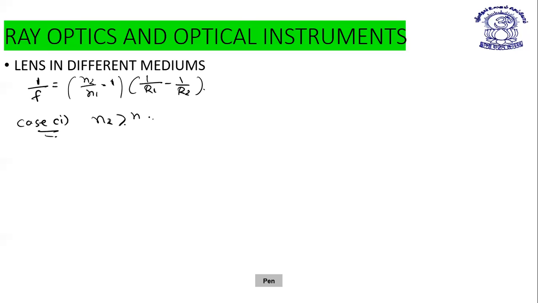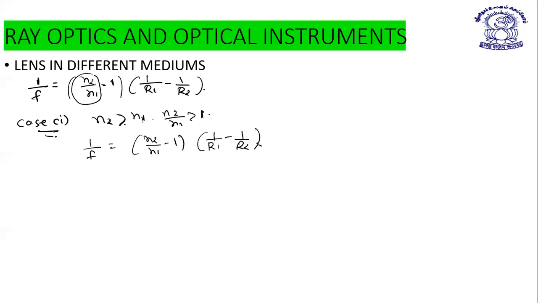If n2 is greater than n1, then this ratio n2 by n1 is greater than 1. So the focal length formula will remain same, n2 by n1 minus 1 into 1 upon r1 minus 1 upon r2.